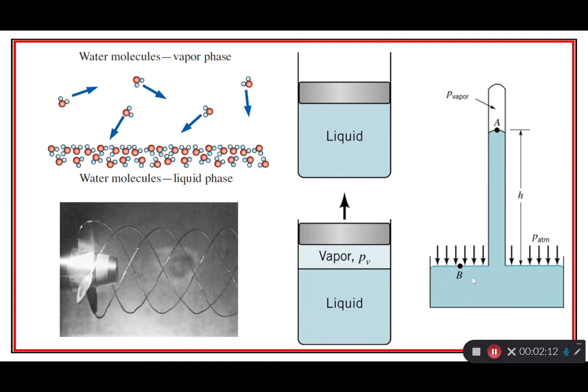A lot of times it'd be so small that we could consider it to be zero, and this diagram is actually for a barometer, right? But that would be what the vapor pressure is inside there.